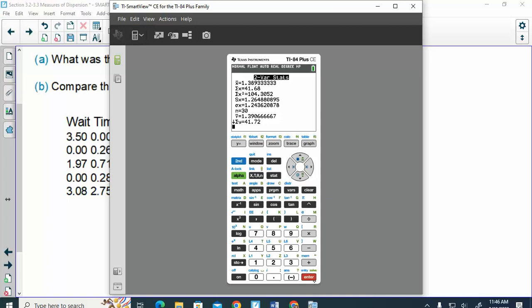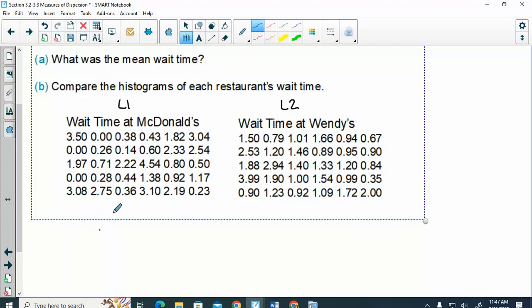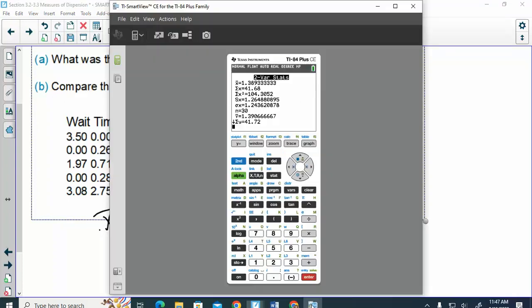So X bar would be the mean of the first column, which L1 was my McDonald's. So I went stat, calculate, two variable statistics. And then if I look down my list, it has a Y bar, which is the mean of the second group, so 1.39.